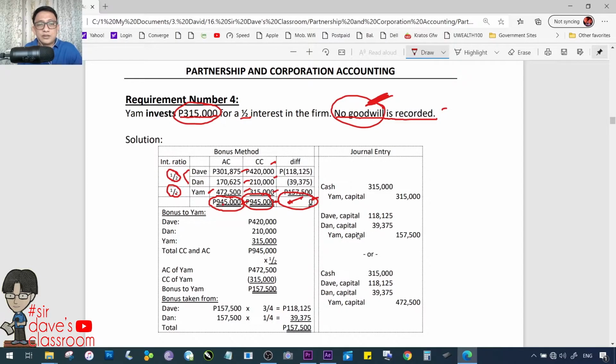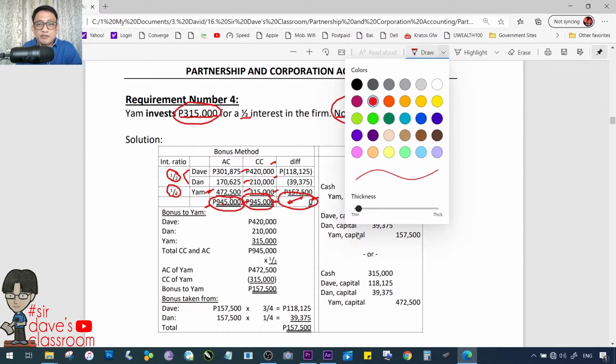472,500 tayo dito. Then, yung remaining doon will be for Dave and Dan. So, assuming di mo pa alam na 301,875 yan at 176,25 yan. So, hanggang dito ka pa lang sa 945 tsaka 472,500. Susunod, 472,500 minus 315, then you get your 157,500.